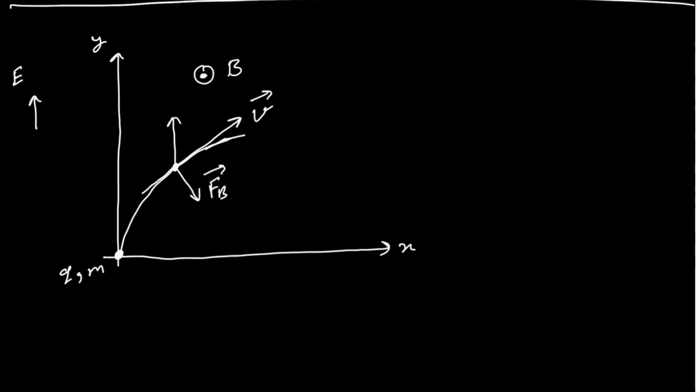So this will be our electric force. So these are two forces acting on this charged particle. Combinedly, these two forces are called the Lorentz force. As we see, the net force acting on the charged particle will be the vector addition of electrostatic force and magnetic force. Combinedly, these two are called the Lorentz force.